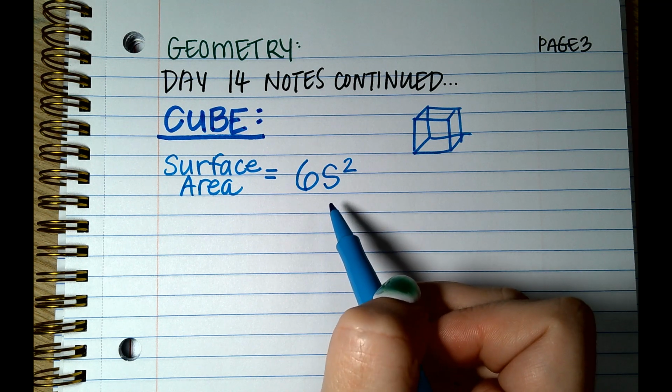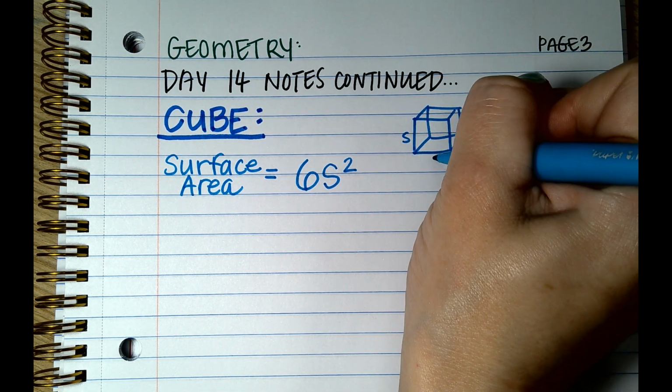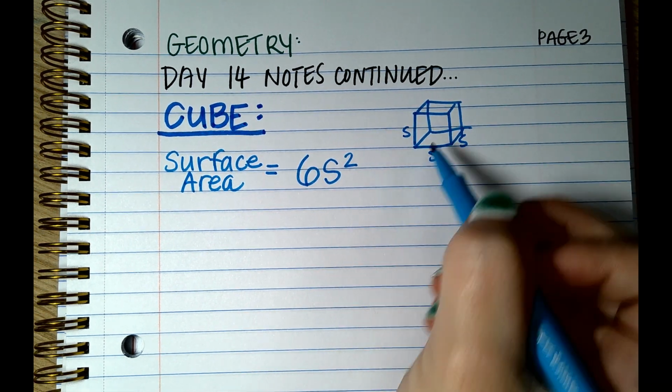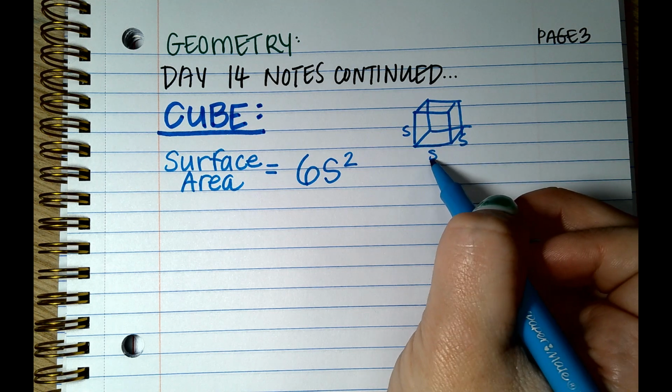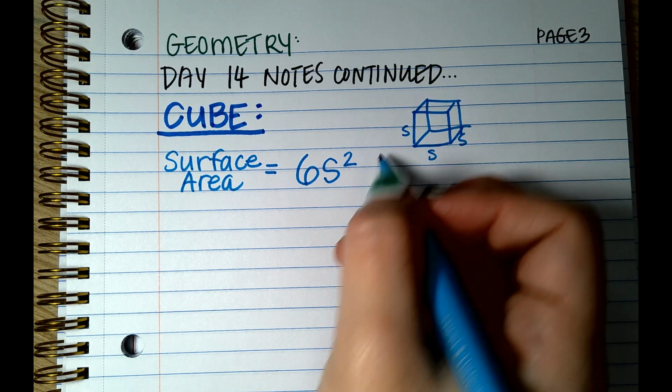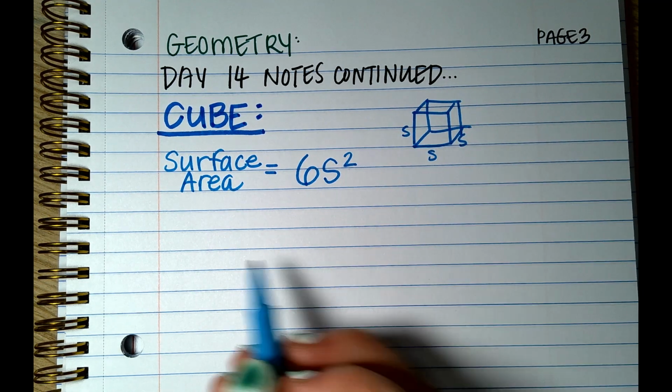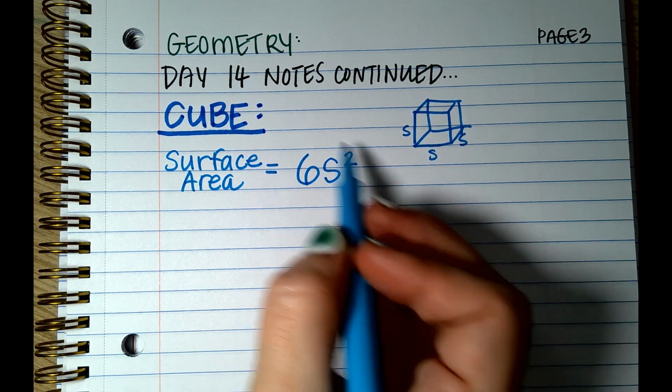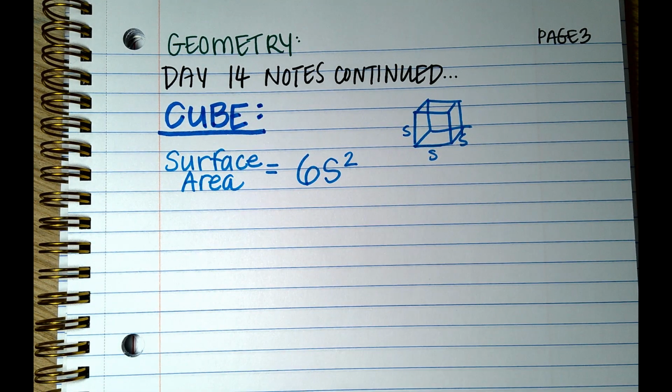Side times side is the same thing as side squared. And then there's 6 of them, so we're taking it times 6. So that's where that formula comes from.